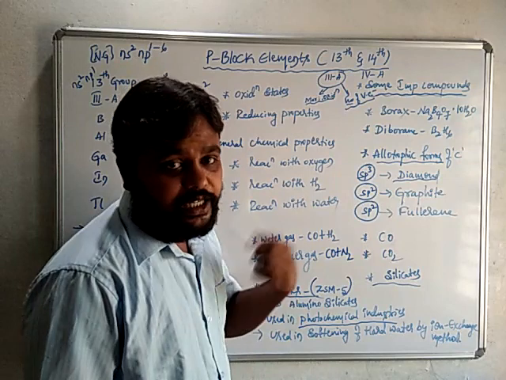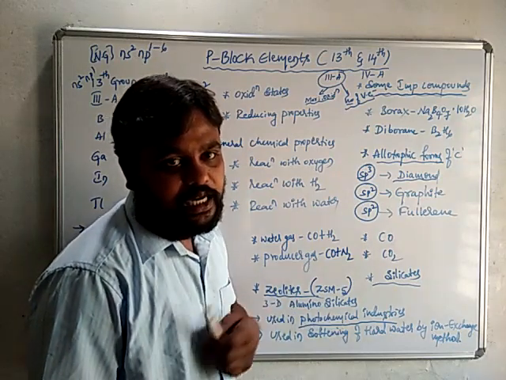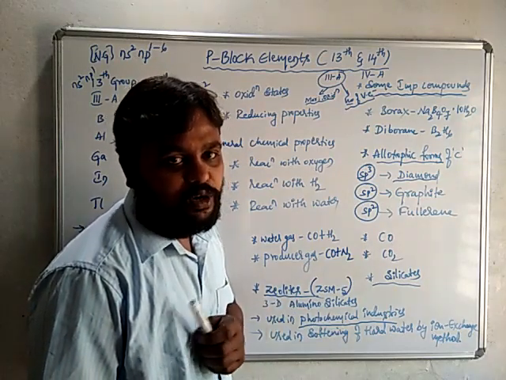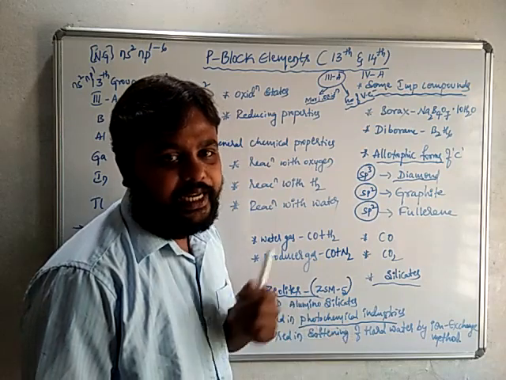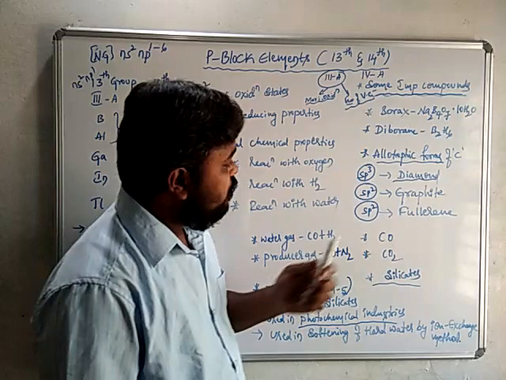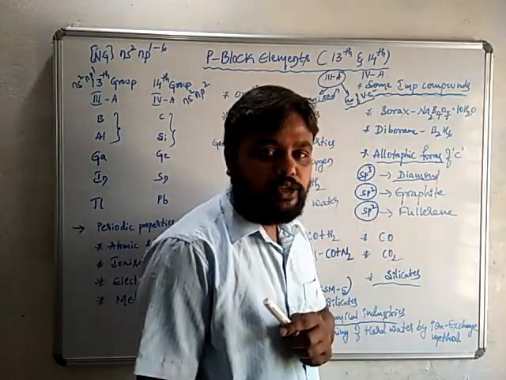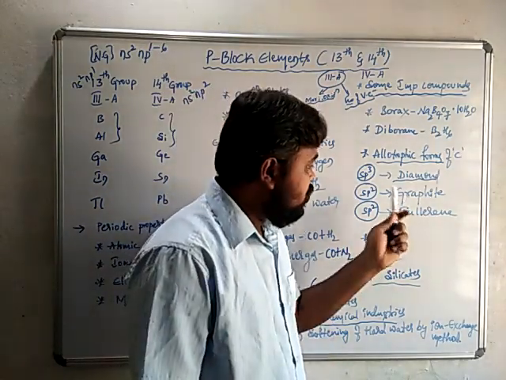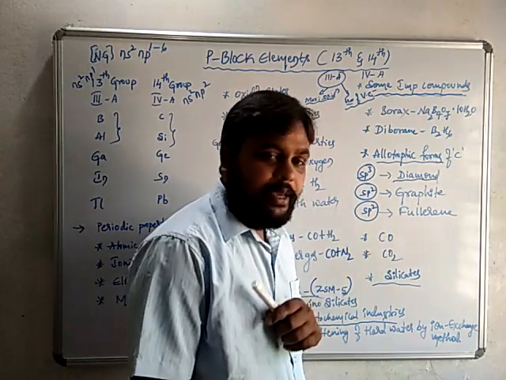Diamond is an insulator. It does not conduct electricity because it does not contain any free electrons to carry current from one end to another end.